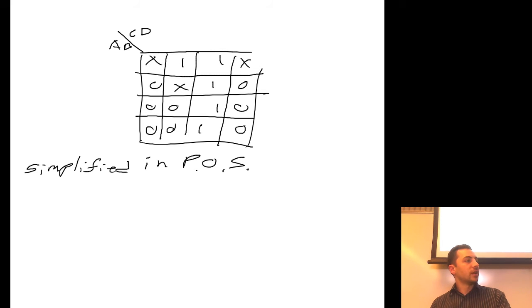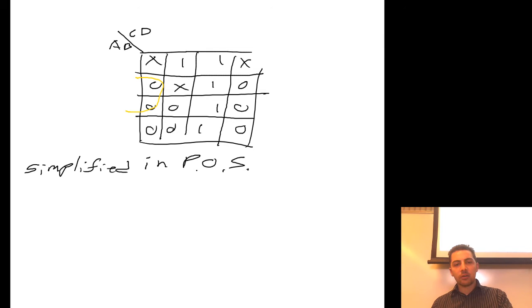What was the thing that you had to do instead? Yeah, circled the zeros. And we do the same thing with don't cares, only now what we want to look at is using the x's as zeros.